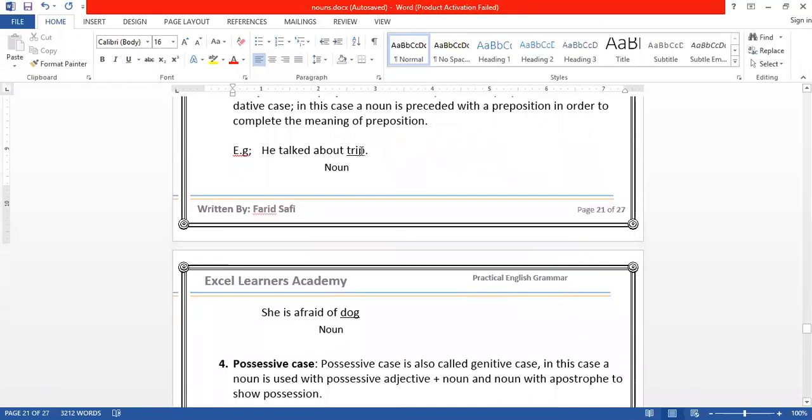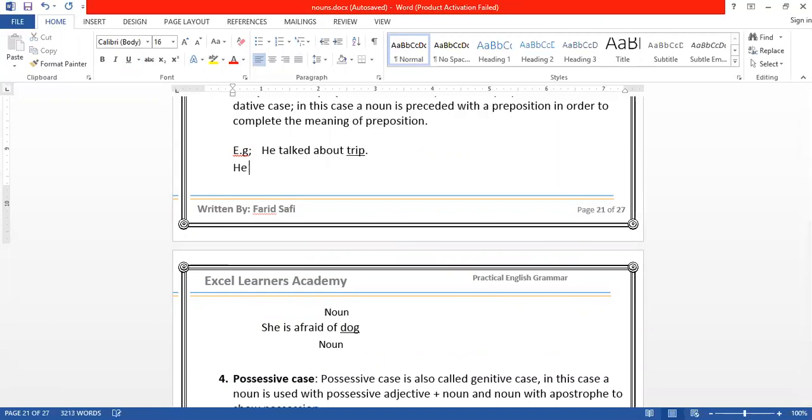Can you see here? In this case, trip is called the dative case of noun. So we can simply say, for example, if I say he talked, so he talked about. Can you see? About is a preposition. He talked about. Until we use a noun here, it does not complete the meaning of the preposition.